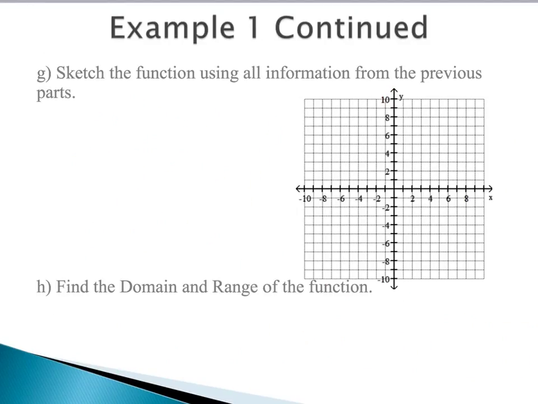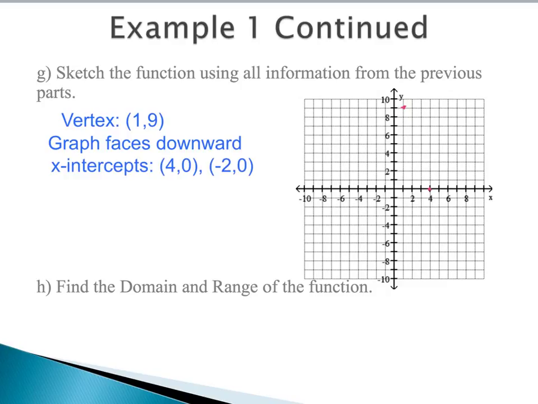Next, we want to use all the information that we just found to sketch the graph of the function. So first, we want to remember that our vertex was the point 1, 9, so we should plot that first. Then next we had that it was facing downwards. That's going to be important and help check our answer. We had that our x-intercepts were at 4, 0 and negative 2, 0.